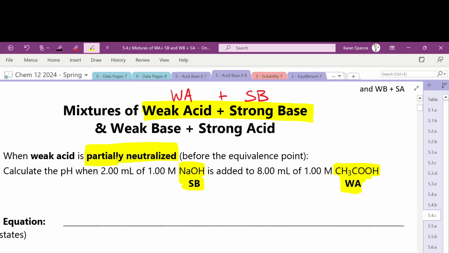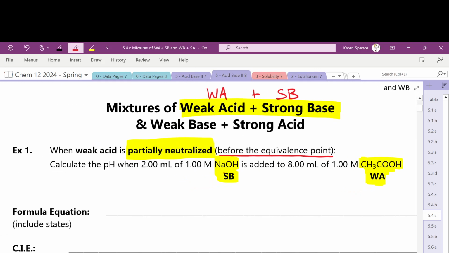So if this were a titration, that means we've added enough hydroxide that some of the weak acid has been neutralized, but not all of it. So what this means is that we are before the equivalence point. The equivalence point is when we've neutralized exactly the acid that there is. We haven't added any extra base. There's no excess acid.